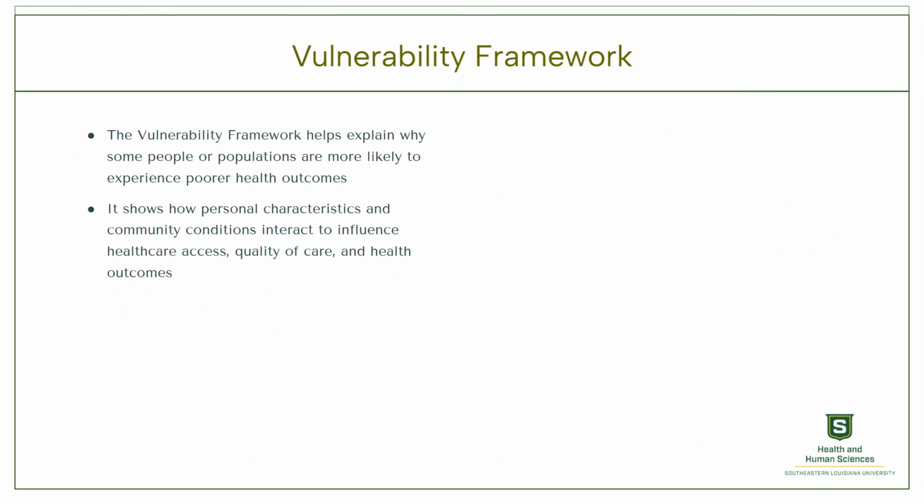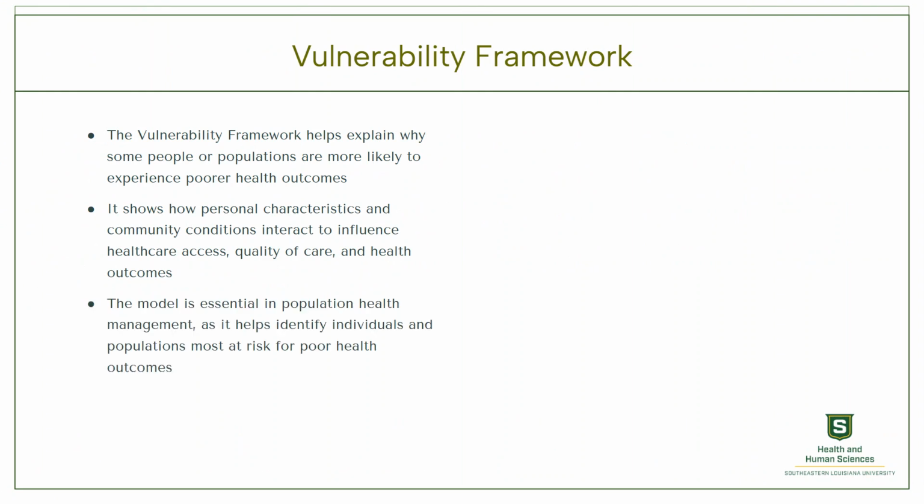The first is one's personal characteristics, and then we also look at the condition of the community in which they live and how the conditions within that community interact in such a way that they influence their access to healthcare, the quality of the health care that they receive, and also their health outcomes as a result of these interactions.